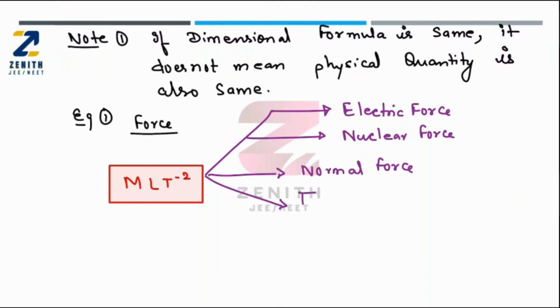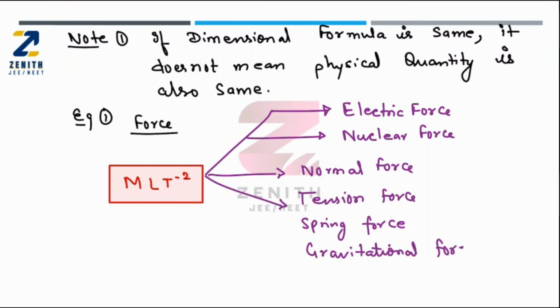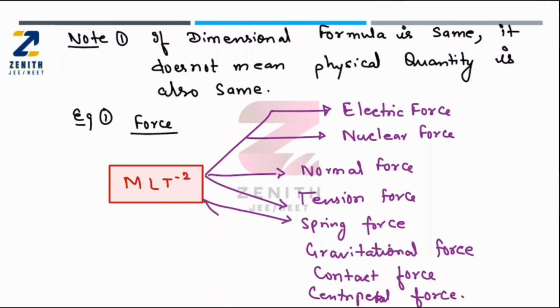It may be a tension force, it may be a spring force, it may be a gravitational force, it may be a contact force, it may be centripetal force, that means all these are different physical quantity. Instead of that, their dimensional formula is same. Okay, please make a note of this very important point.